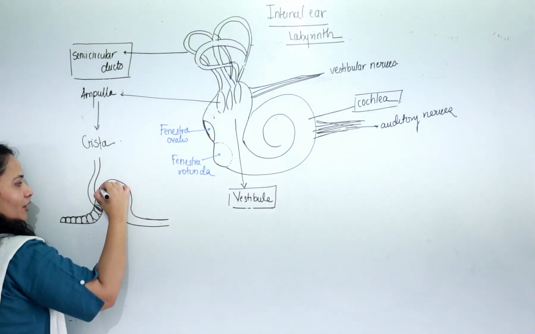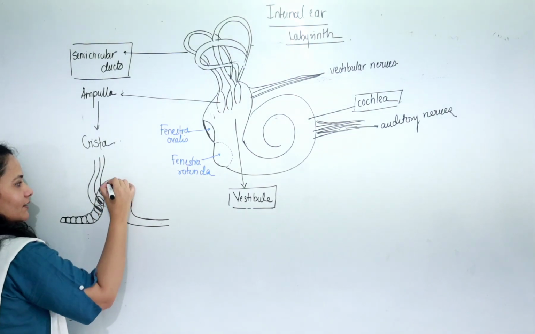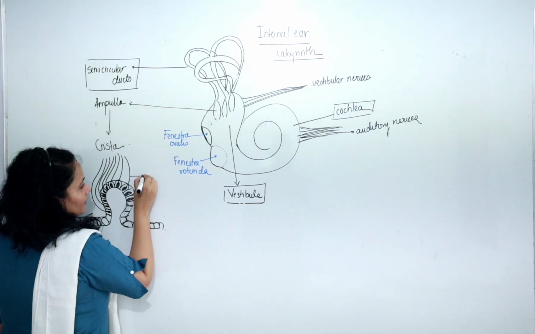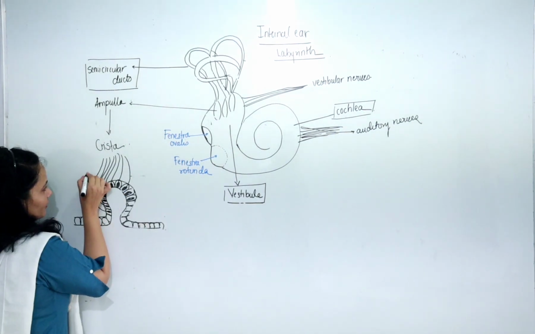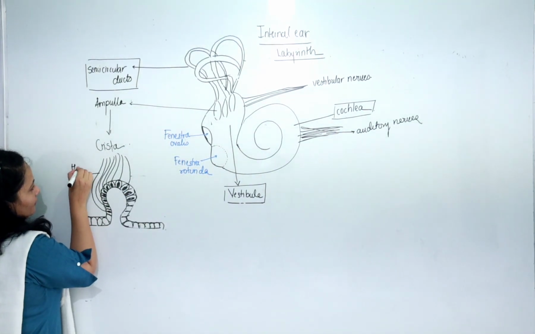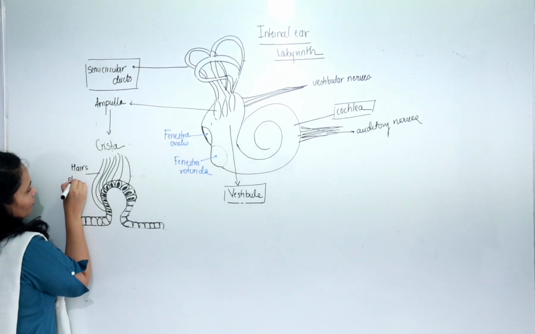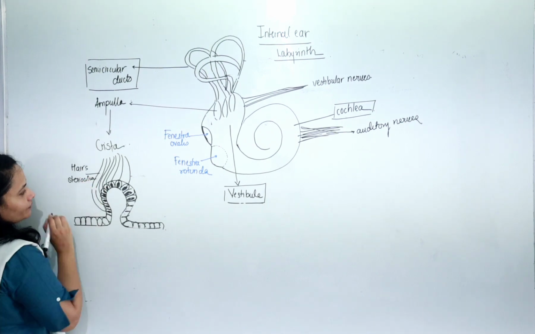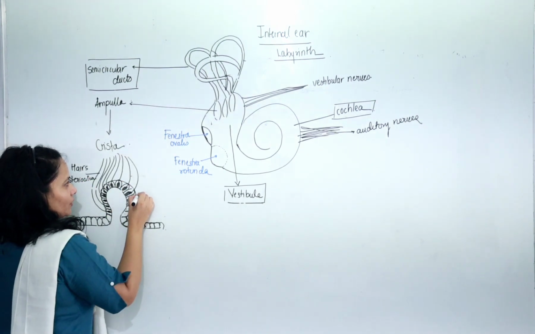So hairs are coming out from here, just like this. So what I am drawing is the crista. These are hairs which are known as stereocilia. I'll draw these hairs once again over here.